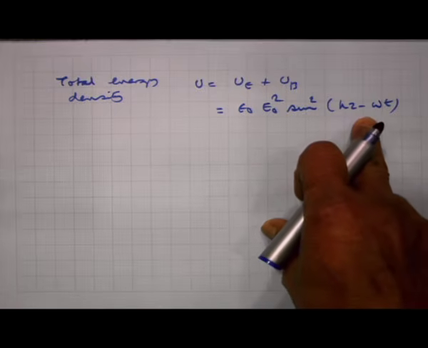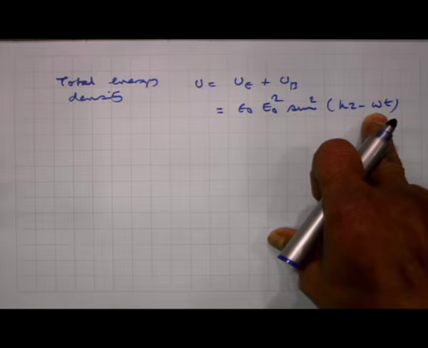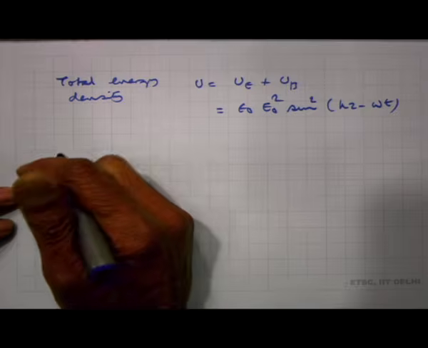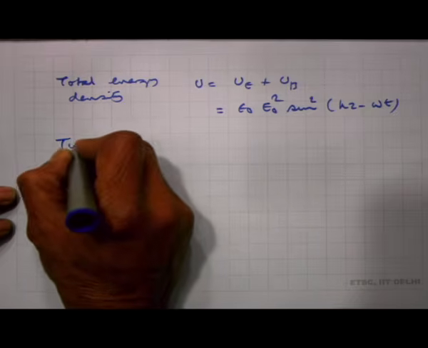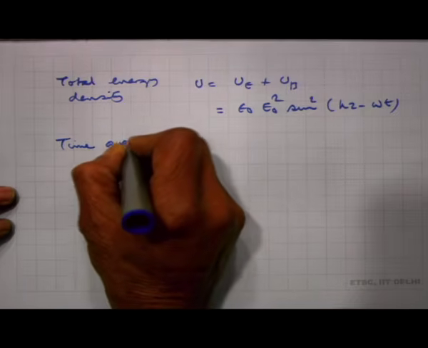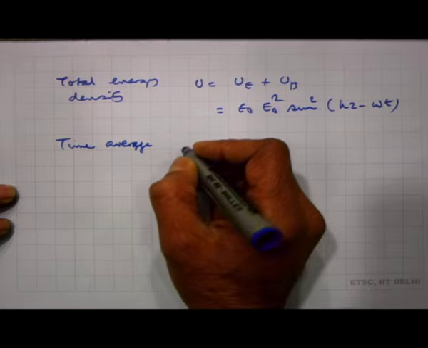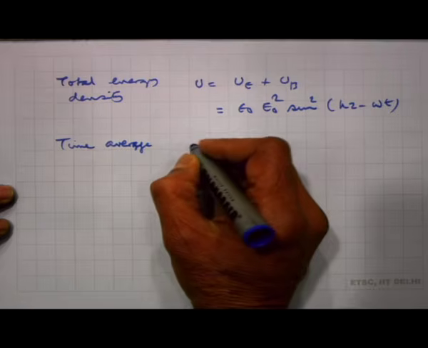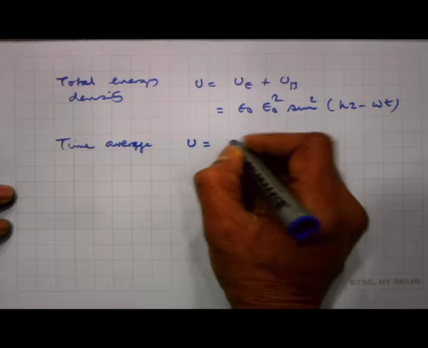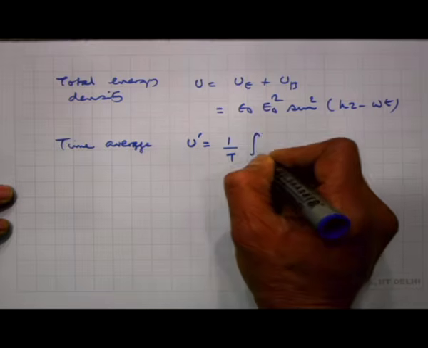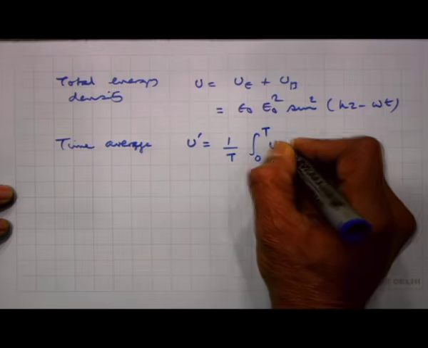Now, at optical frequencies, the frequency is very large. So, it is very difficult to follow this. So, what we normally do is to calculate a time average of this energy density. Let me call this u dash, equal to 1 by T integral 0 to T u dt.